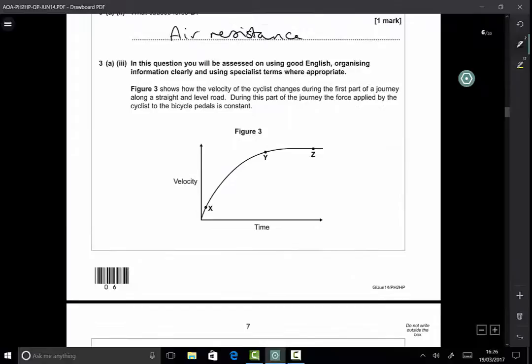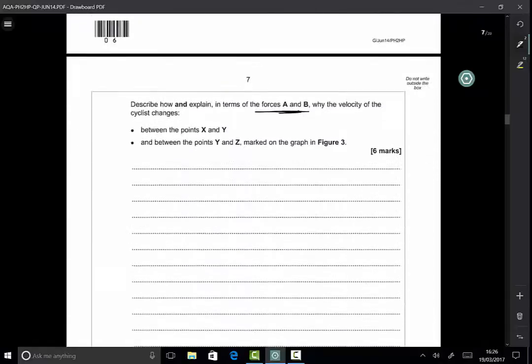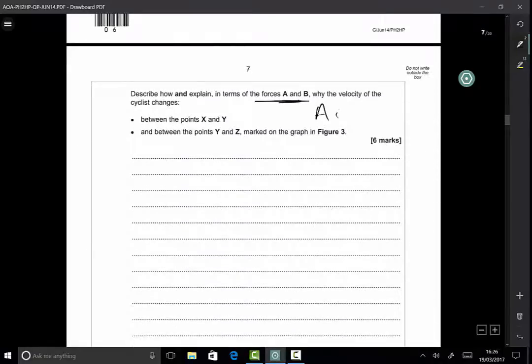Now we've already been told here that the force applied to the pedals is constant, so the forward force, A, is constant. Okay, so between X and Y then. We've already said that the velocity increases, so we'll put that down.